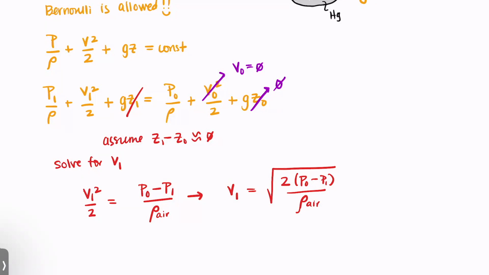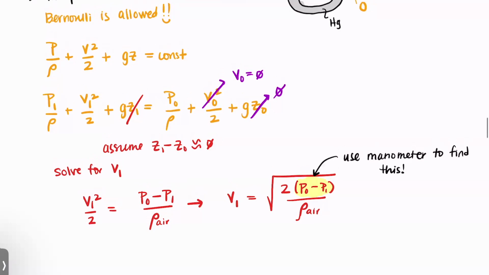So we know that this system is air at standard temperature and pressure, so we know the density of air, that's fine. We don't know this yet, right? We need to figure this out. So we're going to use our manometer to find that. Okay, so we're just going to use our hydrostatic equation.